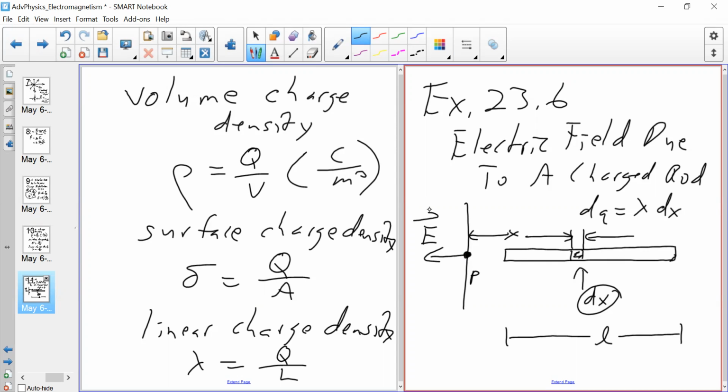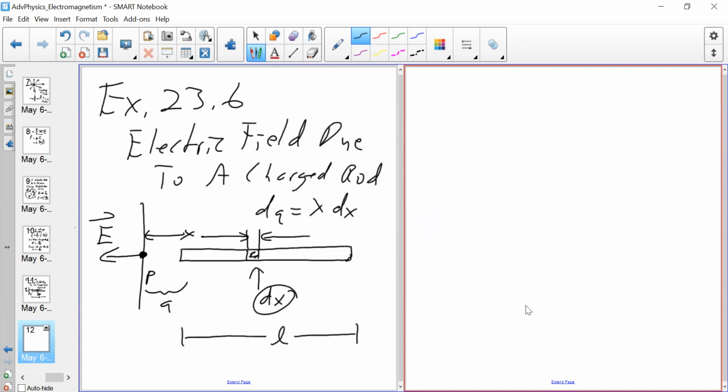Okay, and then this little gap in between here we just call A. Let's call it any variable, because we have the length of the rod plus the A distance to get to P. So everything's continuous, which helps us thinking about the problem.